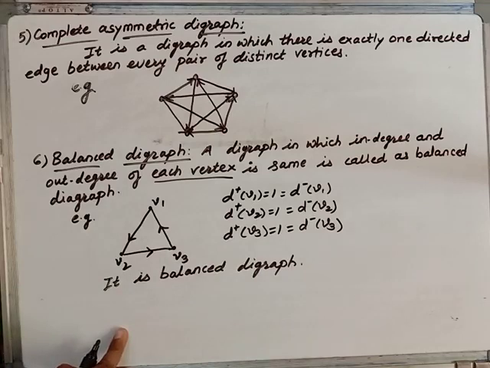In the previous video we have seen the types of graph also, that is ordinary graph. Now let's go for the next definition, that is the degree sequence of a graph.